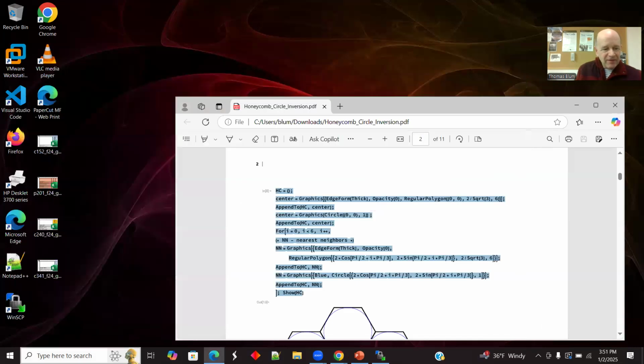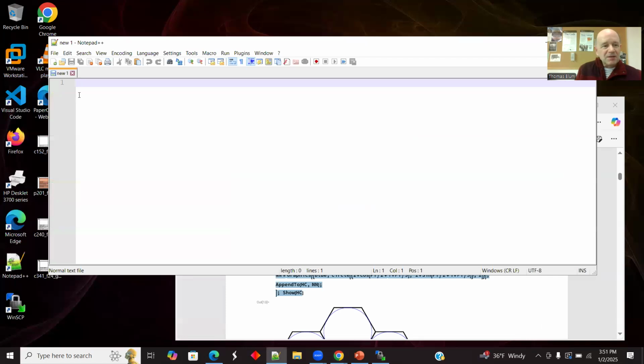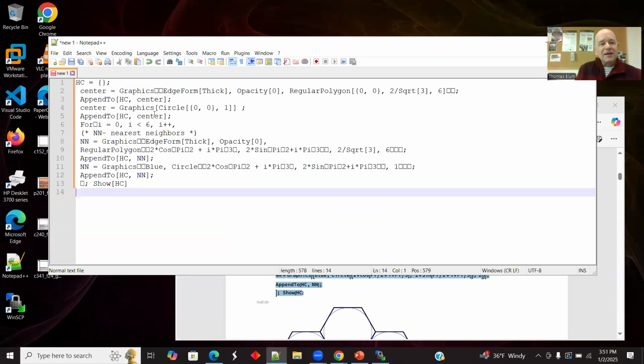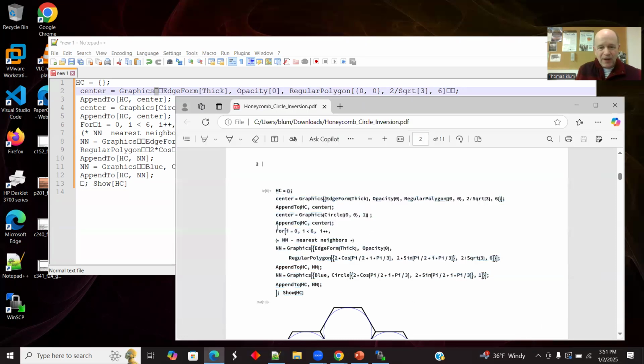And if I open Notepad++ and paste, I see that I've got some funny characters. I can recover this in a painstaking way by saying, oh, that first thing after Graphics is a square bracket.